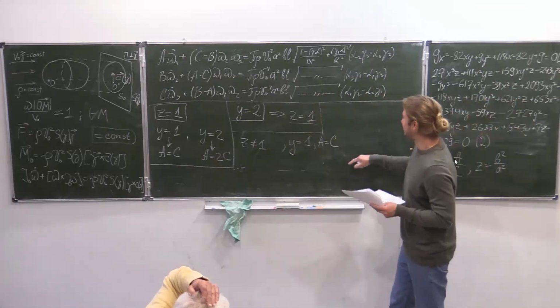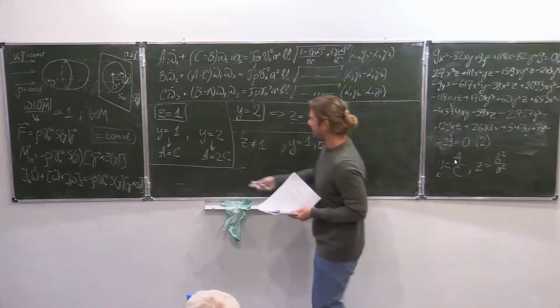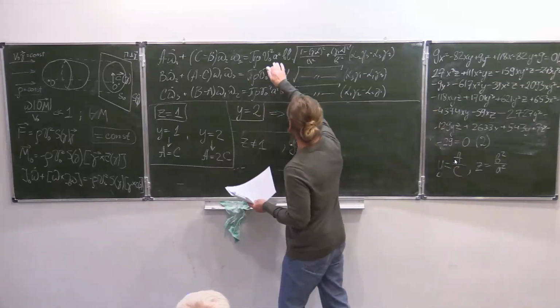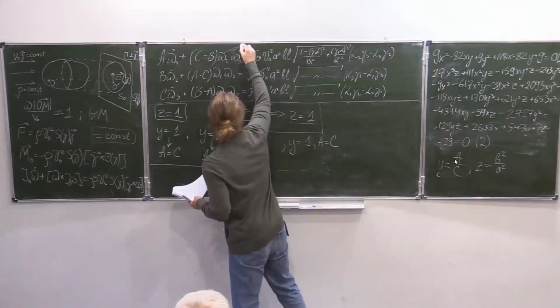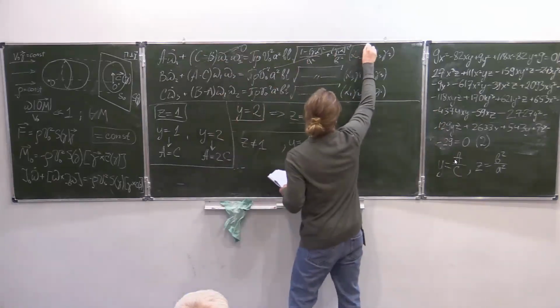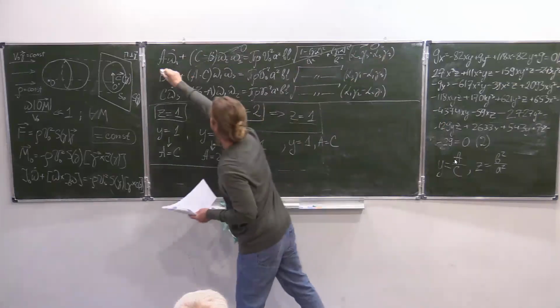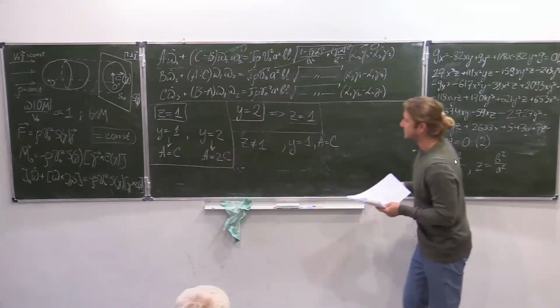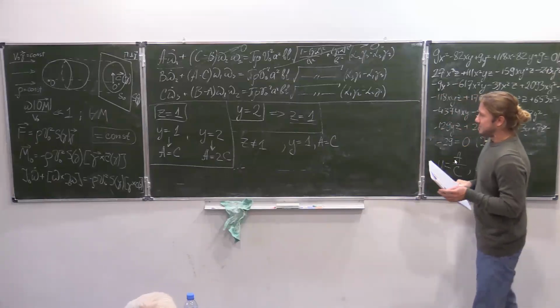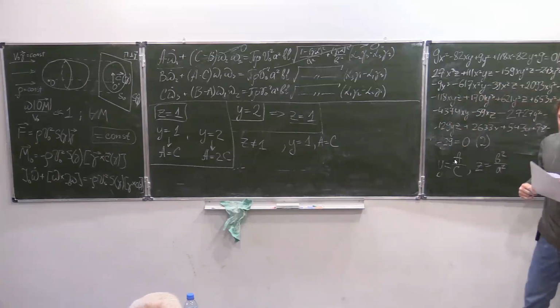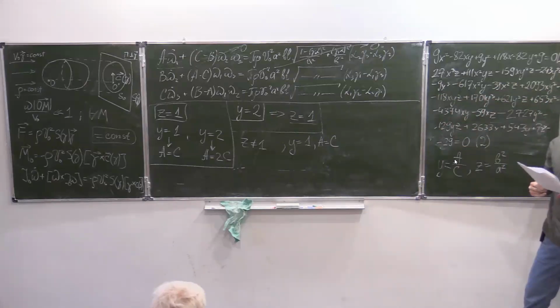But if we put this condition into this equation, then we get this equal to 0 and this also equal to 0, and we get an additional integral for this coordinate. That is all.